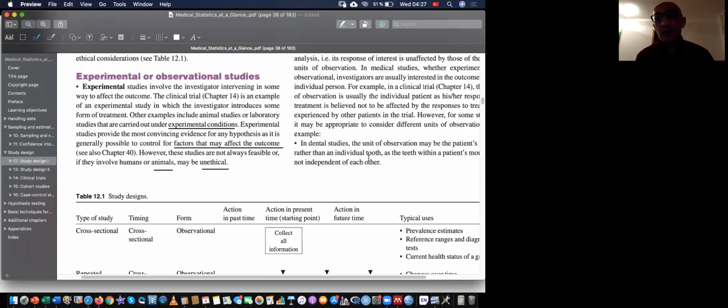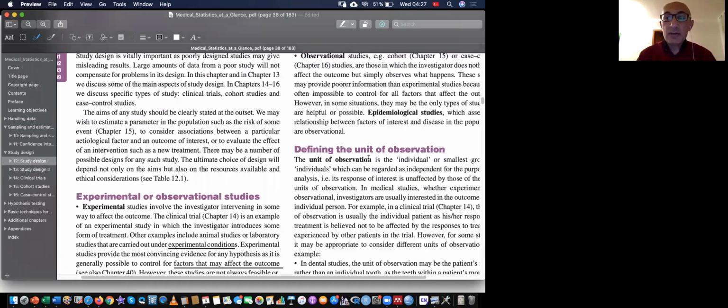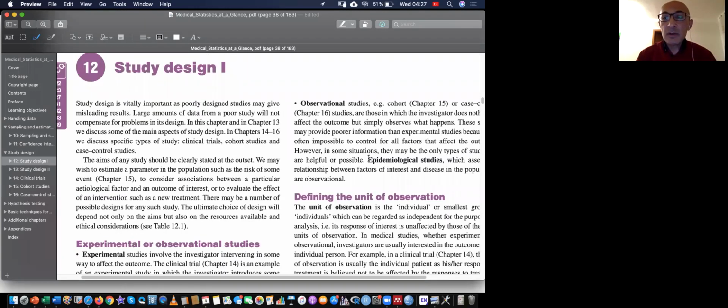For example, if I want to study, in your class of second-year medical students, what is the proportion of people using eyeglasses, this would be a cross-sectional study. I'm just looking at the proportion of people who are using eyeglasses.